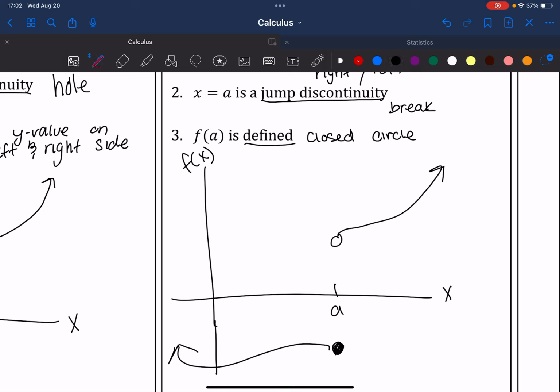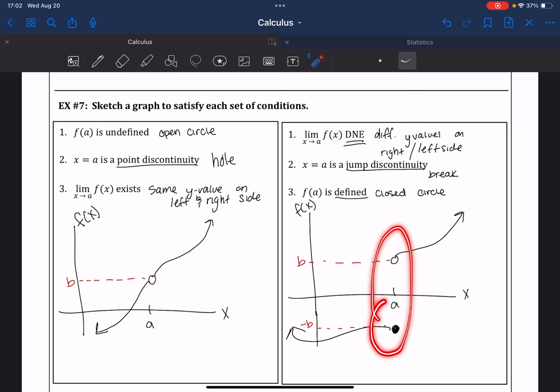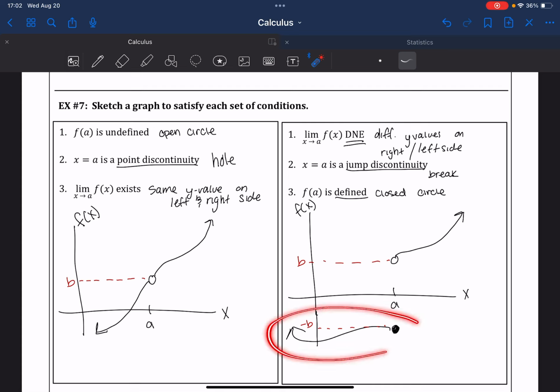Meaning if I was to approach from the left side as x approaches a, it would actually be looking like it's going towards some negative b value. But as x is approaching a from the right side, it looks like it's going towards some positive b value. This proves that the limit does not exist, so it meets the first condition. We see a jump discontinuity here. And then lastly, f of a is defined, but it's only defined at negative b.